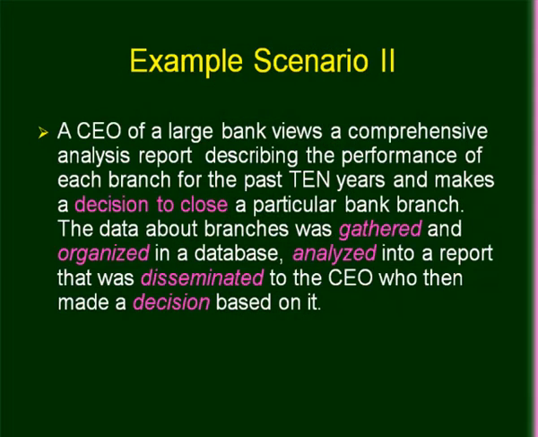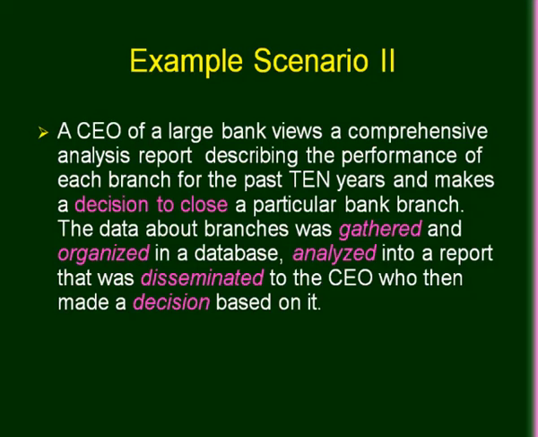A CEO of a bank wants to find out the top branches. So a CEO of a large bank views a comprehensive analysis report describing the performance of each branch for the past 10 years.